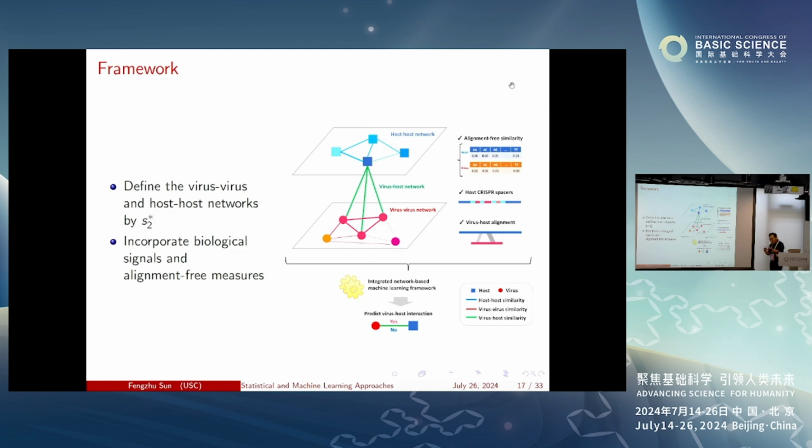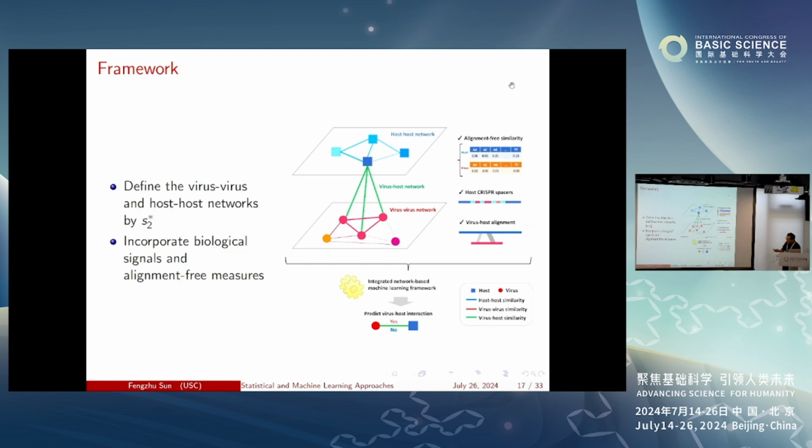The most simple one, which can be applied to any two sequences, and the one we used, is the S2 star. And then the bottom layer is the viruses, and similarly, you can measure similarity between the viruses using the S2 star.